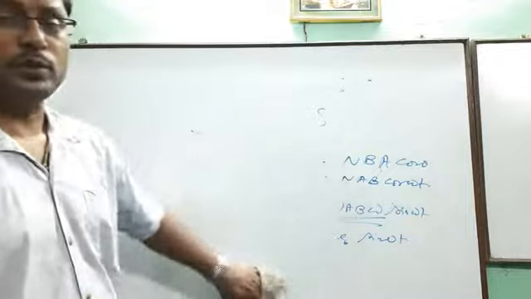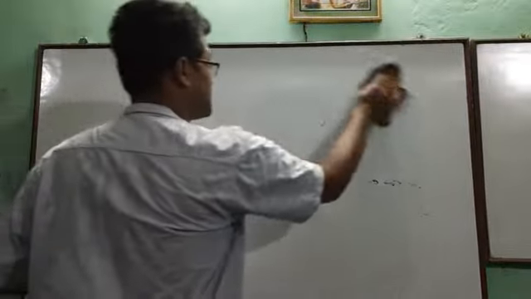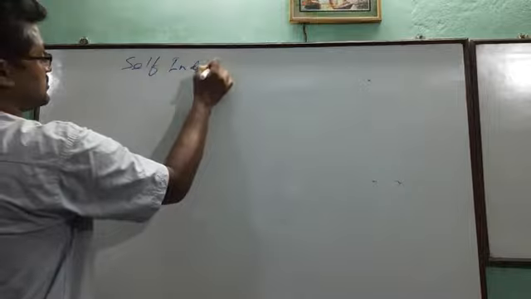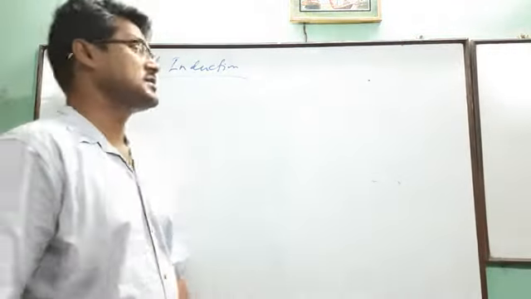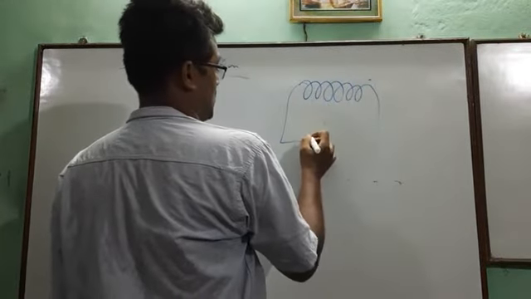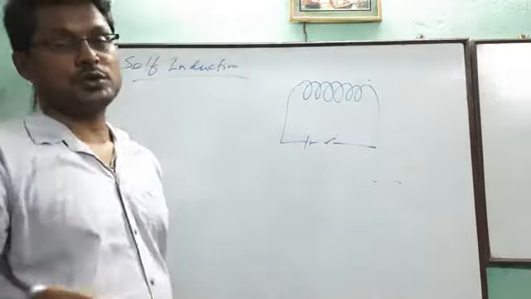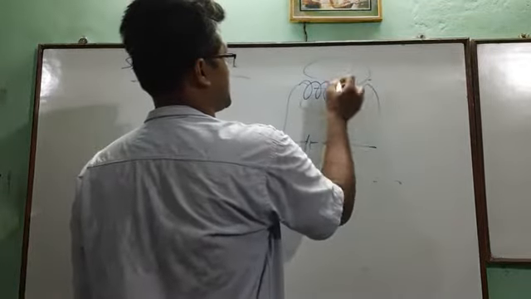Now I am going to the new part. What is self-induction? Let this be a coil and current is sent. We know that a coil produces magnetic flux around it, like this, the field lines.